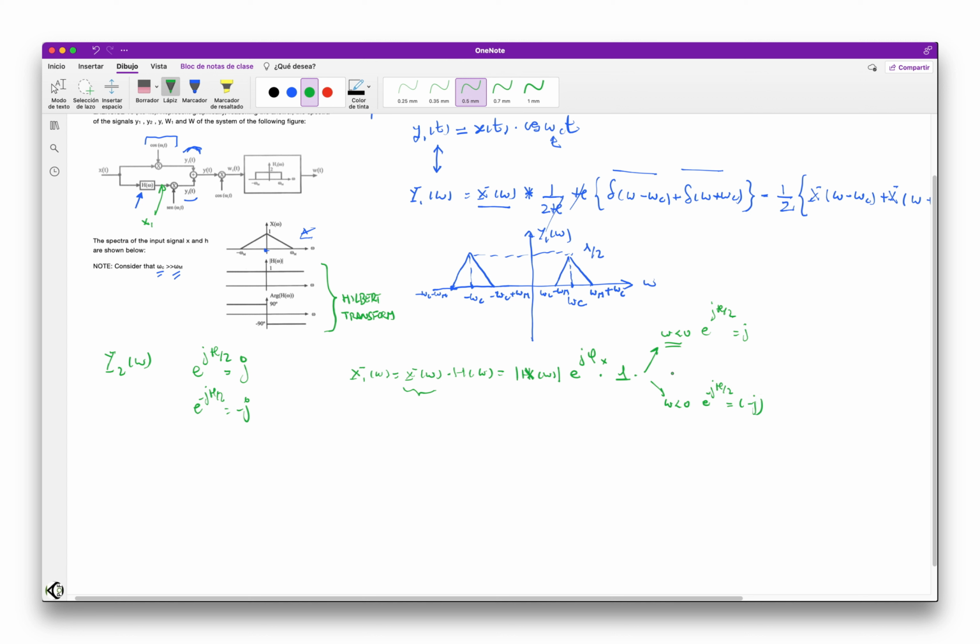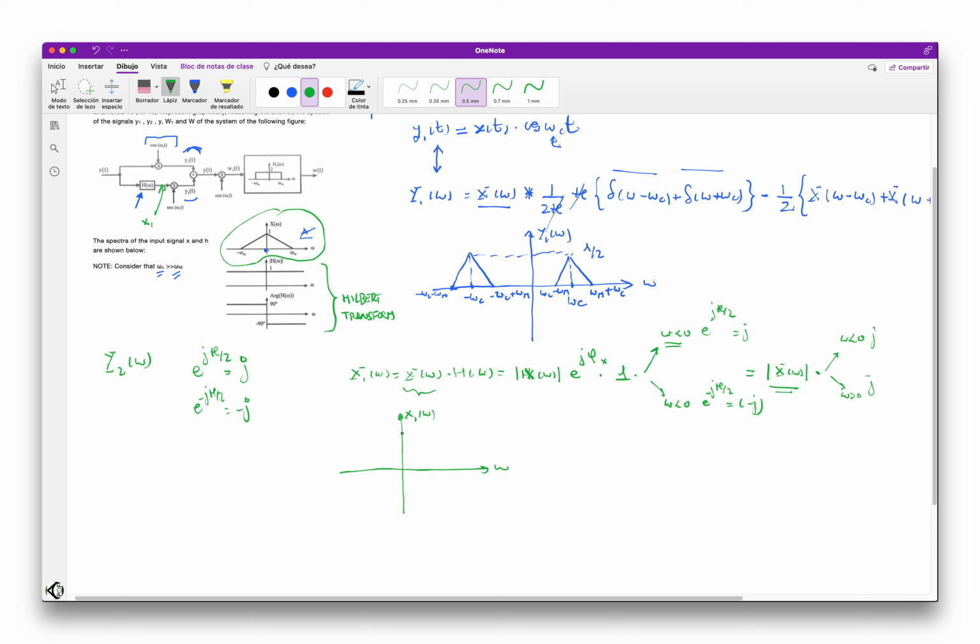So the result, as you can see here, of going through a Hilbert filter is basically the modulus of the input times j for negative frequencies, and minus j for positive frequencies. So in other words, if the original signal x of t has this shape, the output, what we are calling here x1, is to take the input X of omega and for negative frequencies multiply it by j.